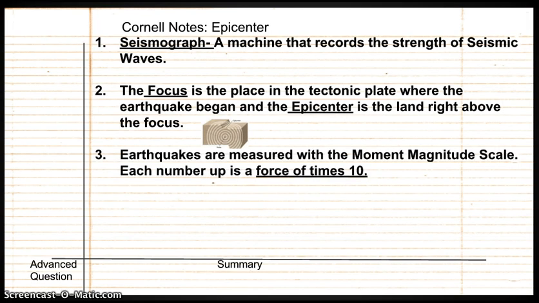For number three, write, earthquakes are measured with a moment magnitude scale. To be honest, there's multiple scales. There used to be one called Richter, and there's another one too, but this is the one that's most commonly used today. And I feel it's the easiest one too. So when you hear about earthquakes, mostly they're using the moment magnitude scale, and it works with numbers or forces of 10.